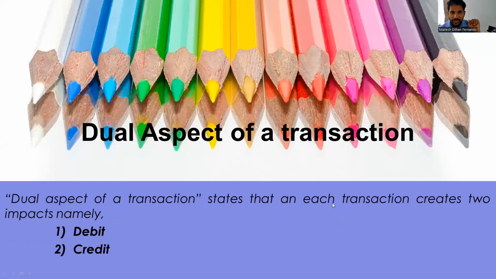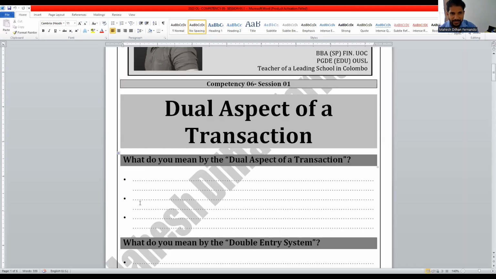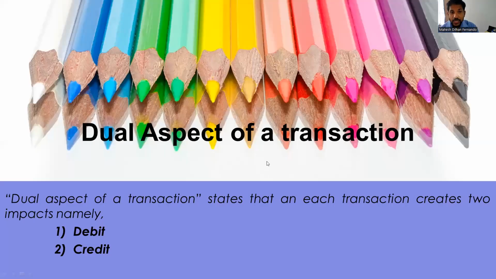Dual aspect of a transaction states that each transaction creates two impacts, namely debit and credit. It's a double entry which says the transaction has a two-way effect. The first is debit, and the second is credit. This is what you mean by dual aspect.